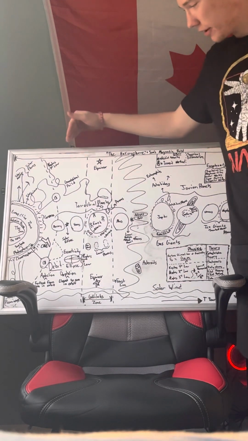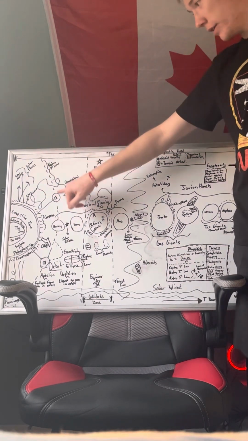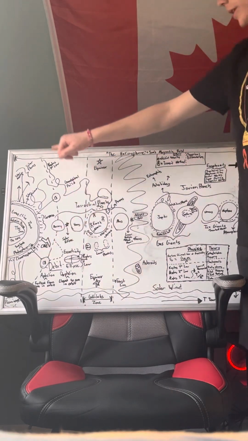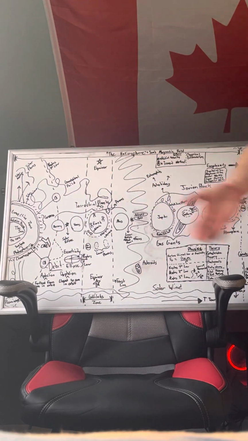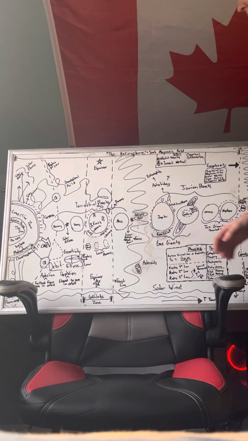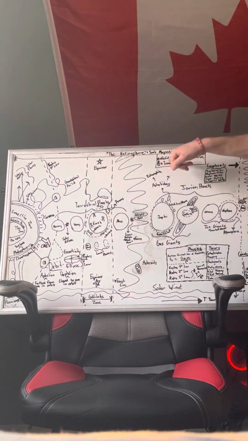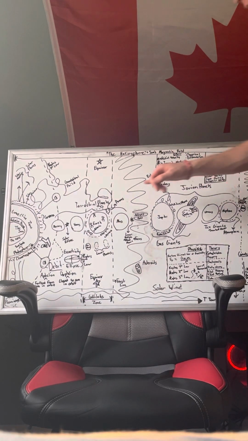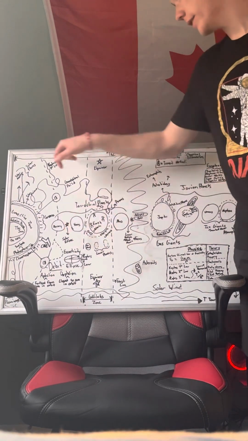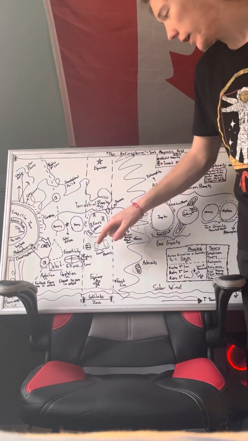Coming next off from the sun, I have a little orbit here. Kepler's first law: orbits are round or elliptical. I also have these two symbols here, which show how radial velocity works. Mercury is the orbit that I'm looking at here.